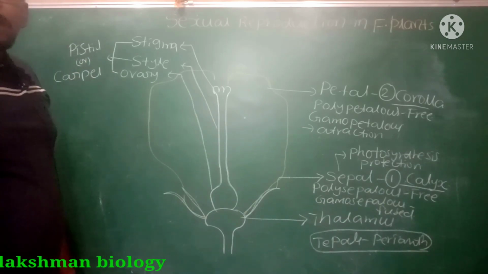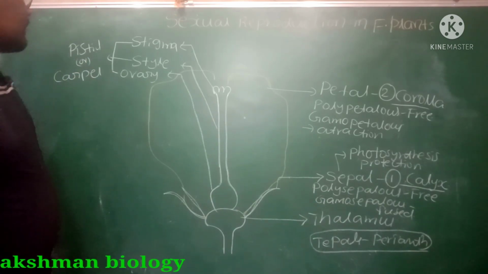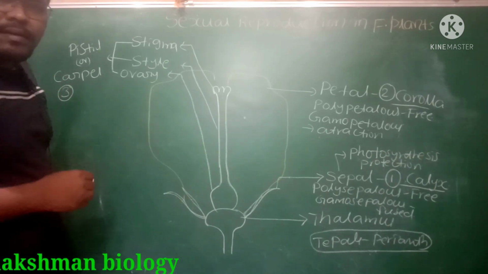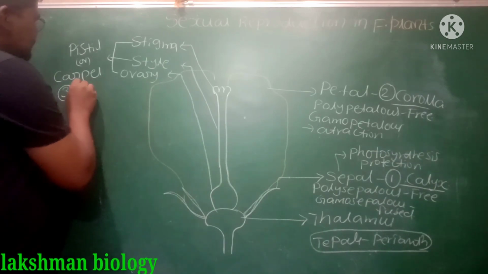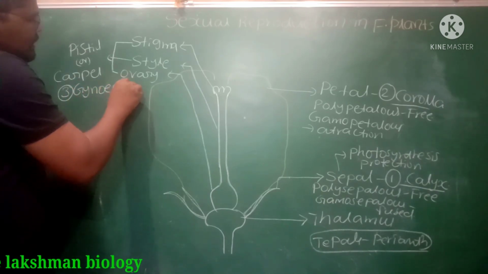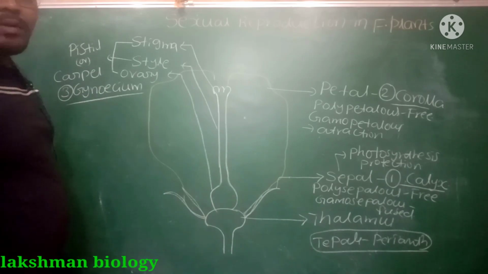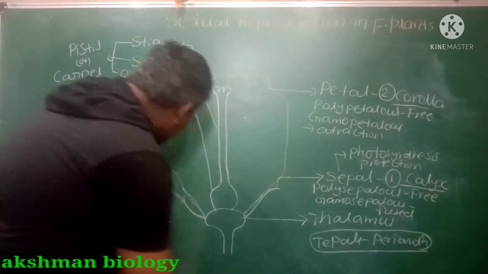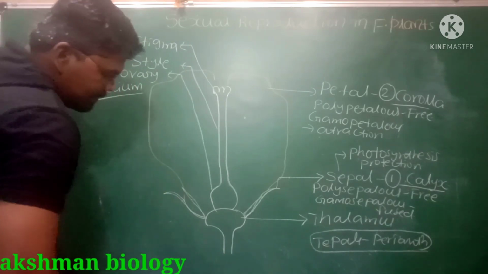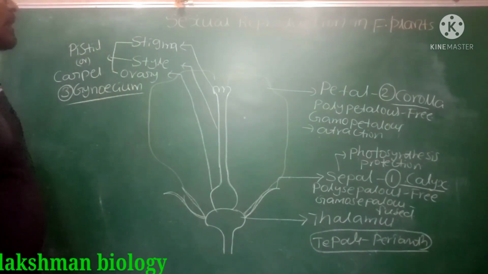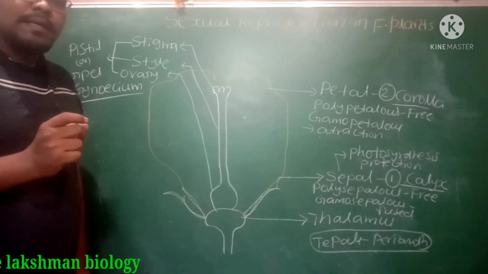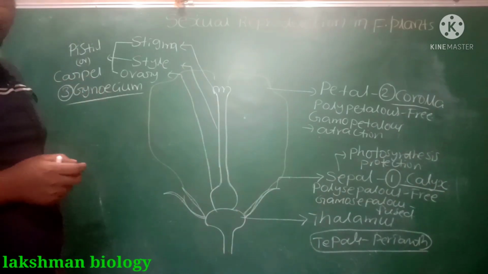All pistils or carpels which are present in the flower combinedly form the third part of the flower, that is called gynoecium. It is the female reproductive part of a flower. Sometimes one flower may contain more than one pistil.